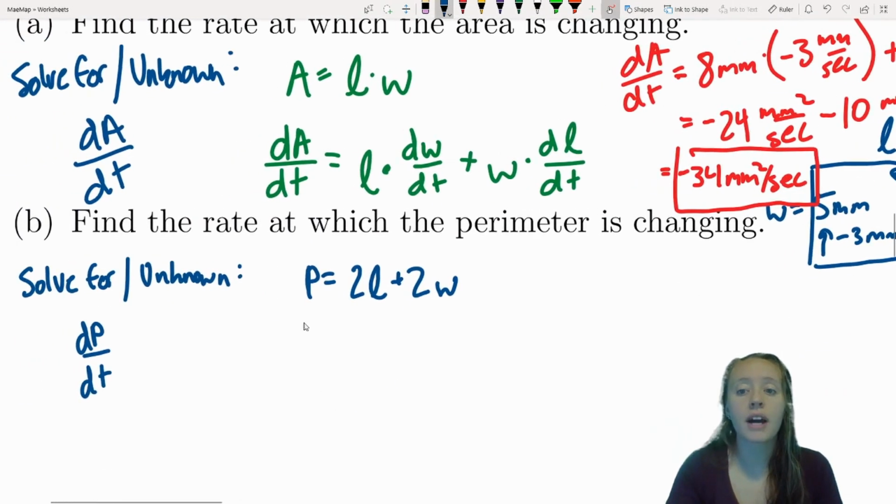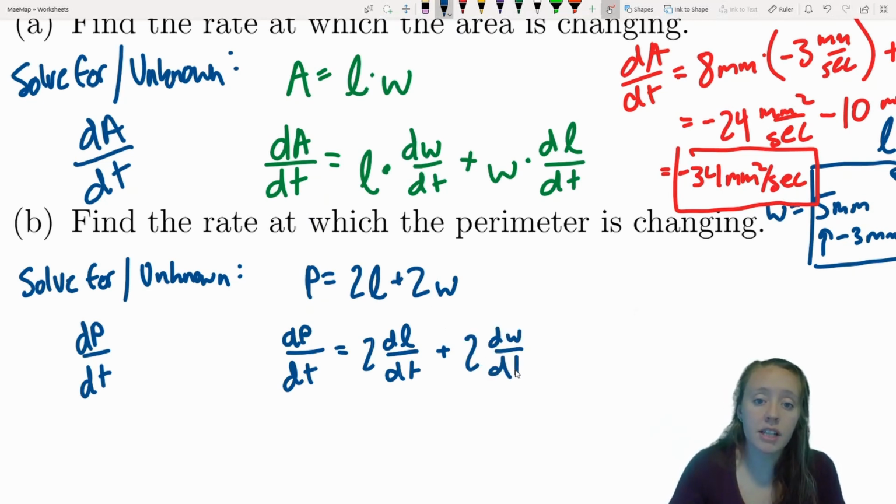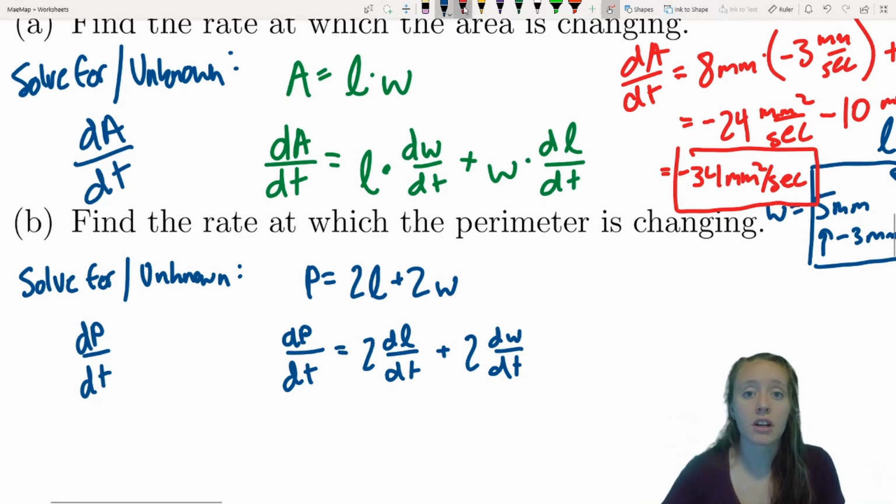Now, I'll go ahead and do dP dt, taking the derivative with respect to time on my left-hand side, and now taking it for my right-hand side, 2 times L, constant multiple rule, pull that 2 out in front. The derivative of L is dL dt, and then I'll add that to 2 times dW dt. I know dL dt because that's part of my given information, and I also know dW dt, so I'll plug those in and solve for dP dt.